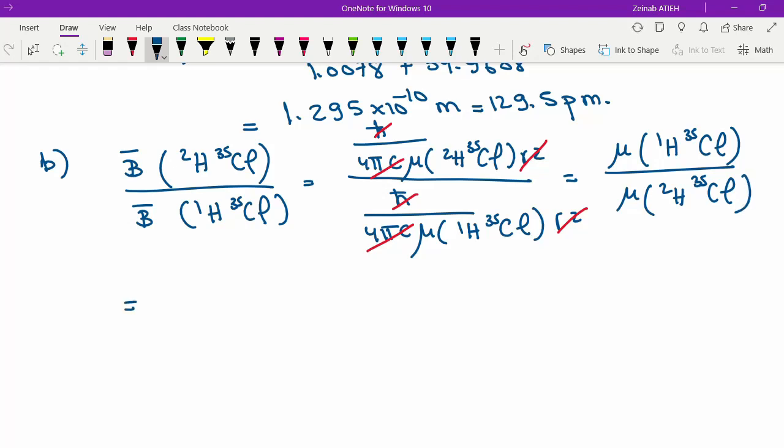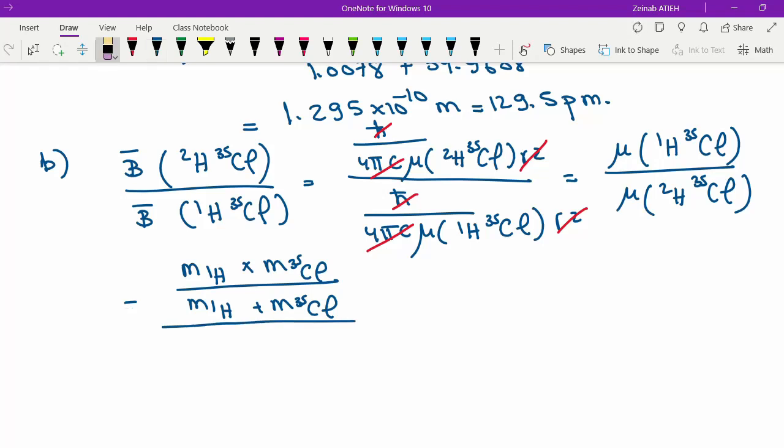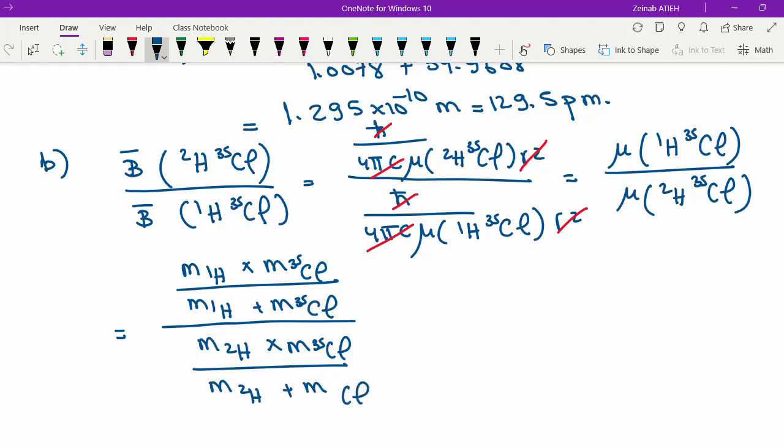Now we have the masses. So the reduced mass of the first one is mass of H1 multiplied by the mass of Cl35 divided by the mass of H1 plus mass of Cl35, all of it over mass of H2 multiplied by mass of Cl35 over mass of H2 plus mass of Cl35.